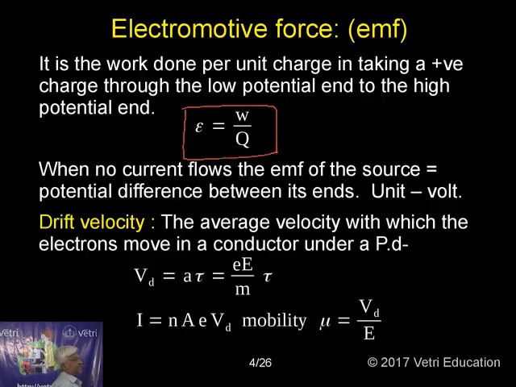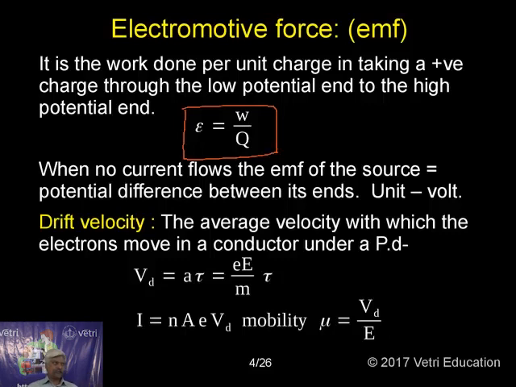So electromotive force can be calculated as work done divided by charge, unit charge, because the definition itself is unit charge. Total work done is W, that will be divided by the charge, that will give the EMF. When no current flows, the EMF of the source is equal to the potential difference. There is a difference, we have to understand it.